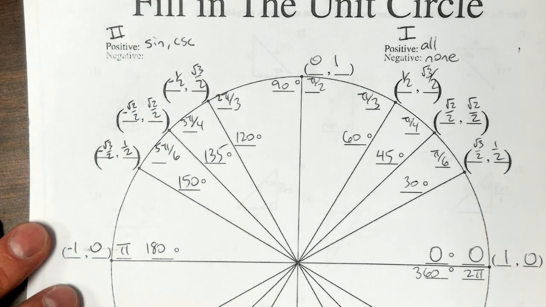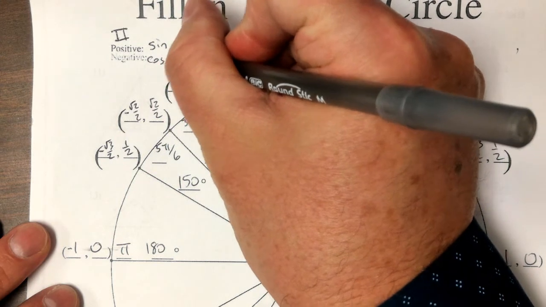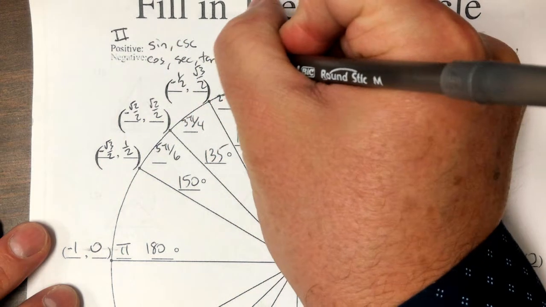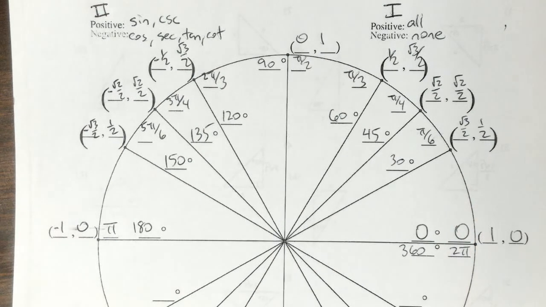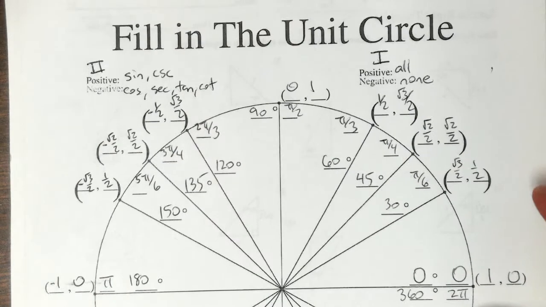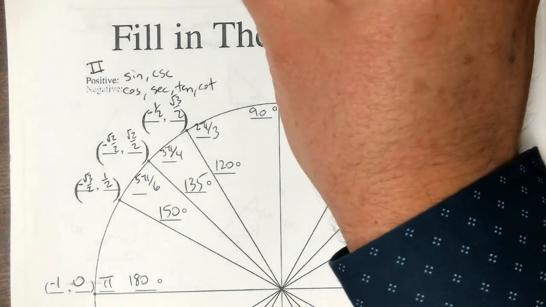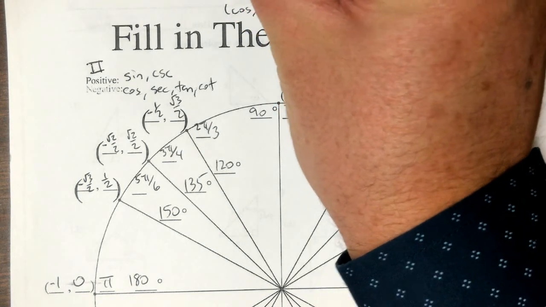And the others are negative, which are cosine, secant, tangent, and cotan. So I'm just using the 3-letter abbreviation. Sine, cosecant are positive because those relate to the y value. If you remember, x comma y relates to cosine comma sine.